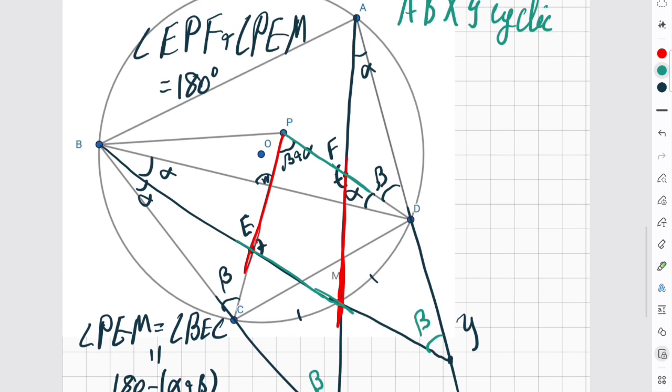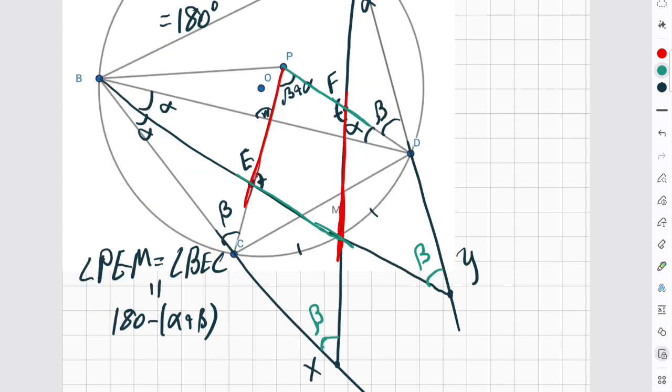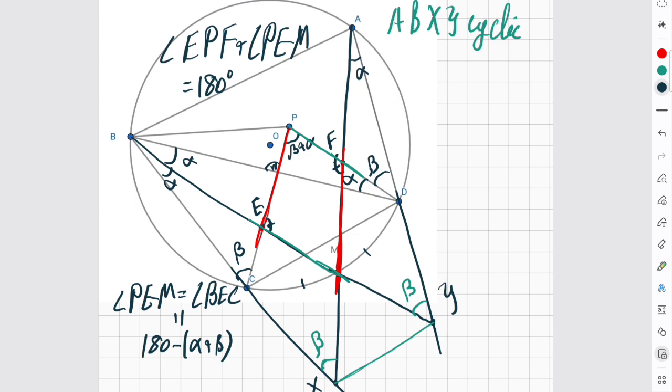Now, let's change some angles here. Firstly, let me connect these two points, X and Y. Here, in the cyclic quadrilateral ABXY, angle BYX is equal to angle BAX.